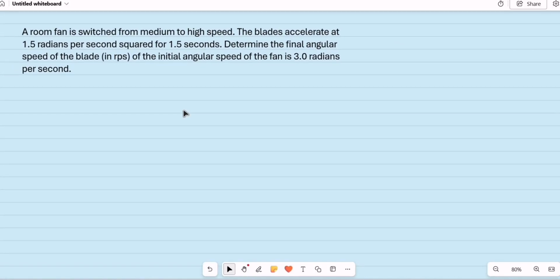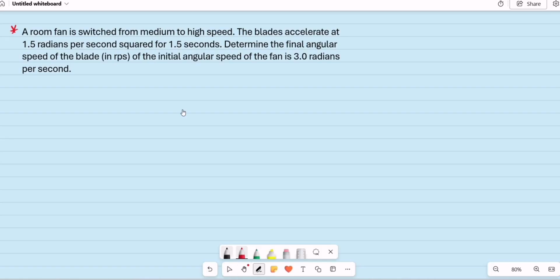For example, we have a room fan that is switched from medium to high speed. The blades accelerate at 1.5 radians per second squared for 1.5 seconds. Determine the final angular speed of the blade in radians per second, if the initial angular speed of the fan is 3 radians per second.